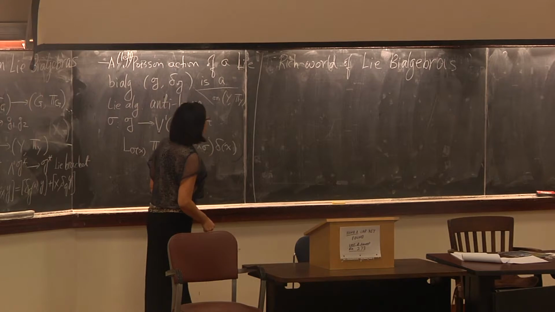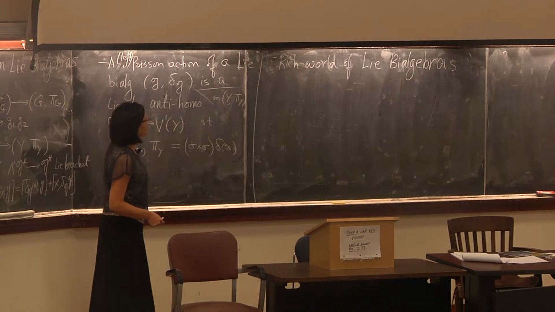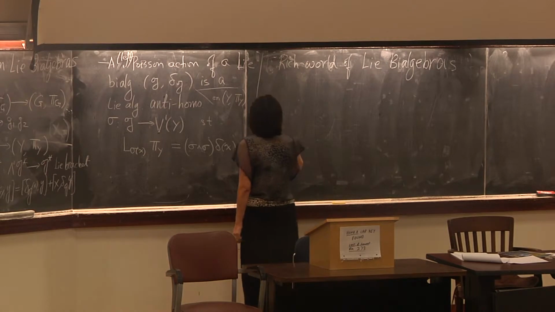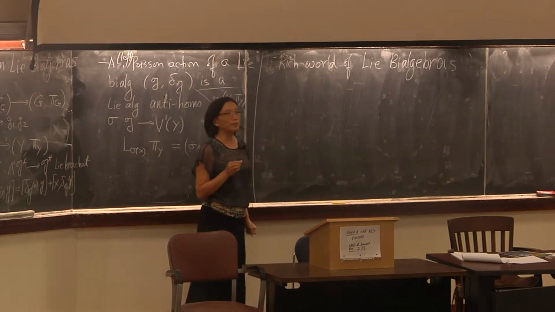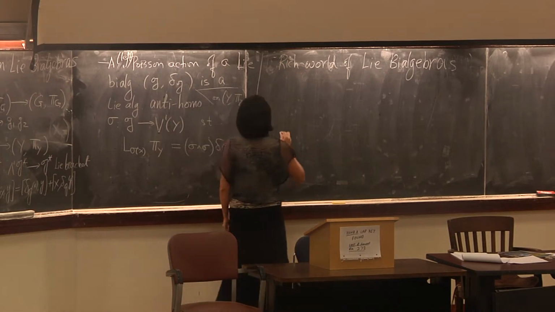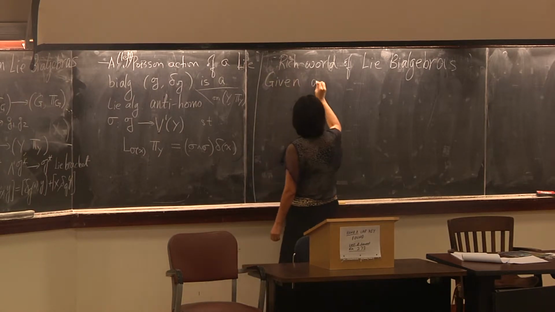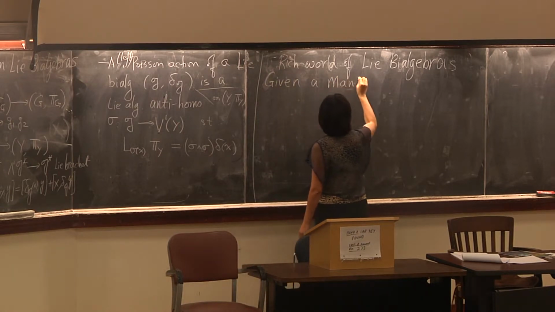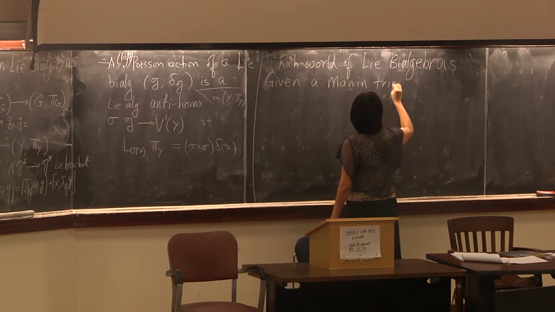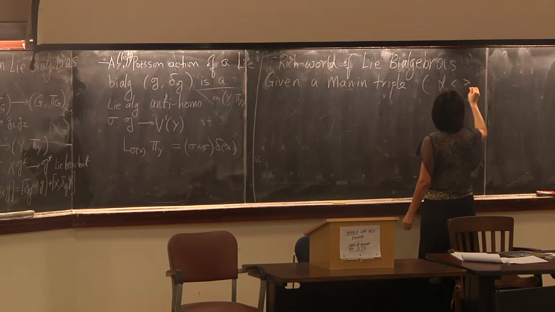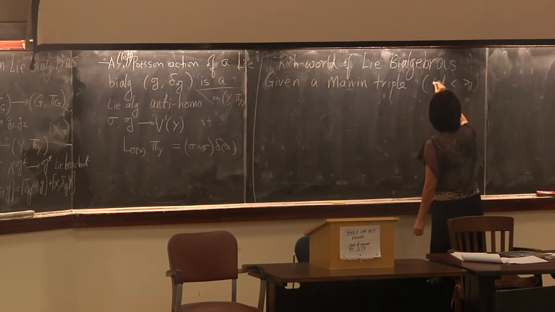So let's again recall, this is something that was covered in Eddinghoff's course and also in Eckhart's talk early this morning. You construct Lie bialgebras by Manin triples. So recall what a Manin triple is.